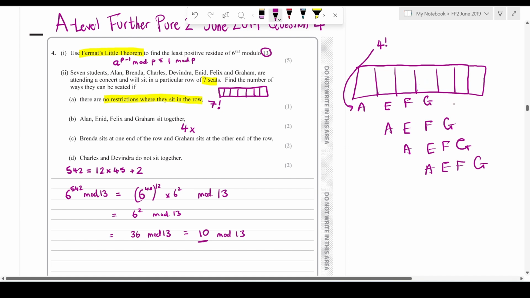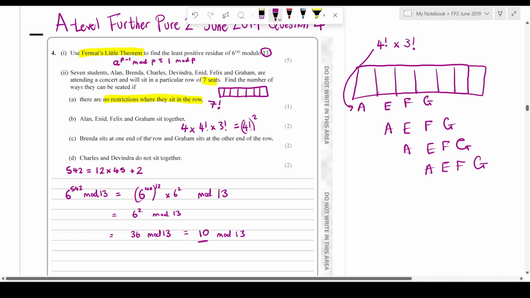Then I've got 3 people left over, and they could be rearranged in 3 factorial different ways. With this happening 4 times, it's 4 times 4 factorial times 3 factorial, which I could write as 4 factorial squared. Both would be correct.